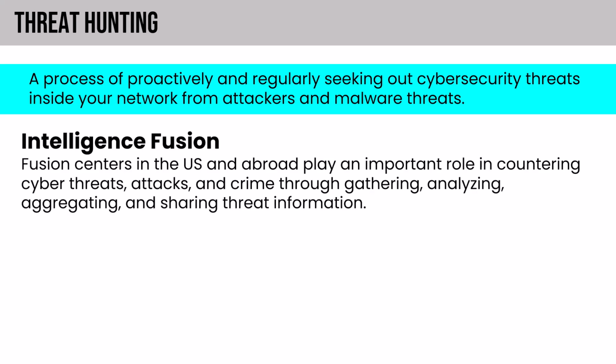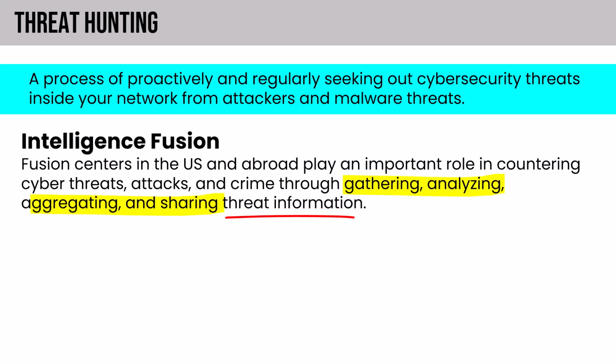So there's intelligence fusion. These fusion centers in the US and abroad play an important role in countering cyber threats and attacks by gathering, analyzing, aggregating, and sharing threat information. And that threat information can include a variety of indicators of compromise and information about bad actors, and it comes from a variety of sources.